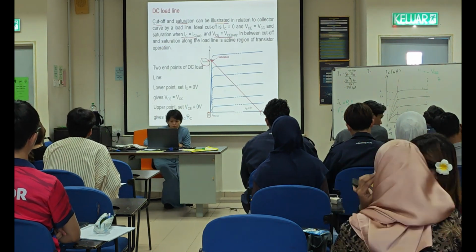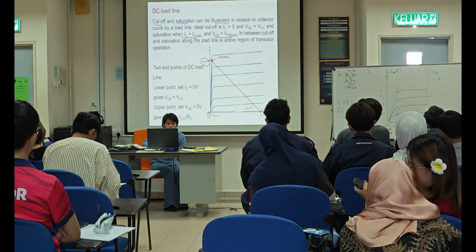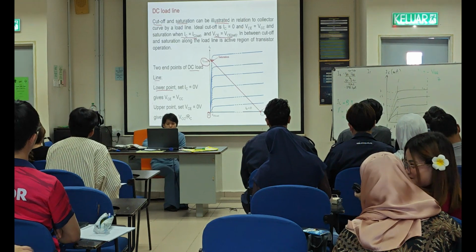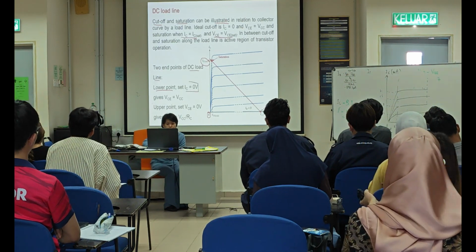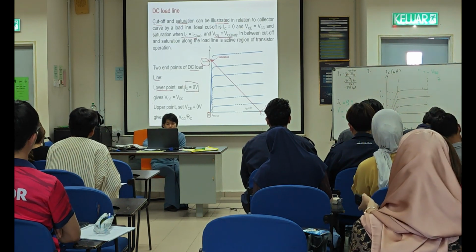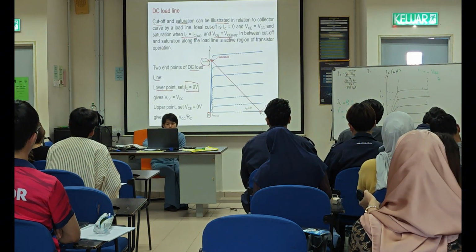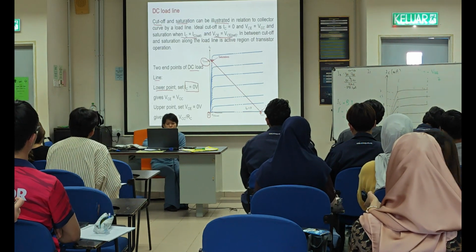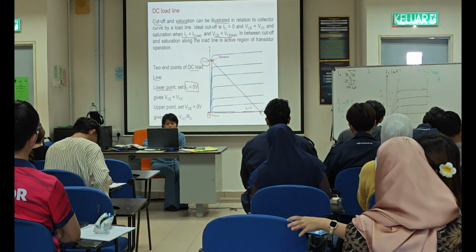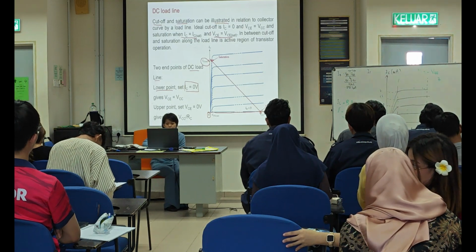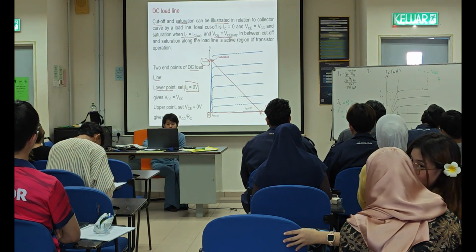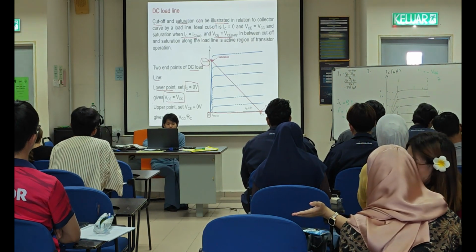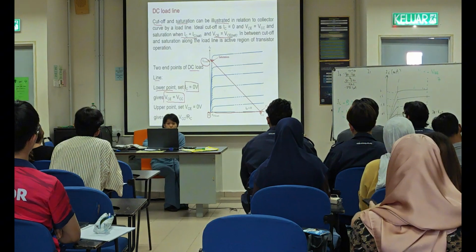Now, the two ends of this load line. The lowest point is where IC is 0, and VCC equals VCE.